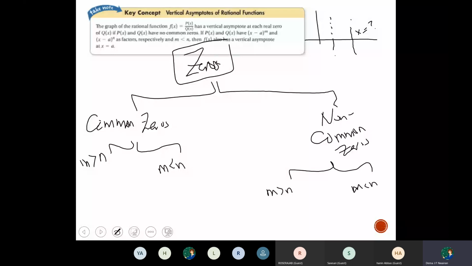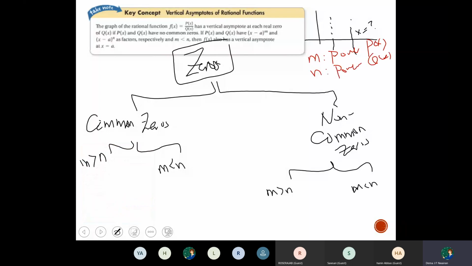I will repeat, what is m and what is n? M and n, I mean here the power of p of x and the power of q of x. This is m and this is n.